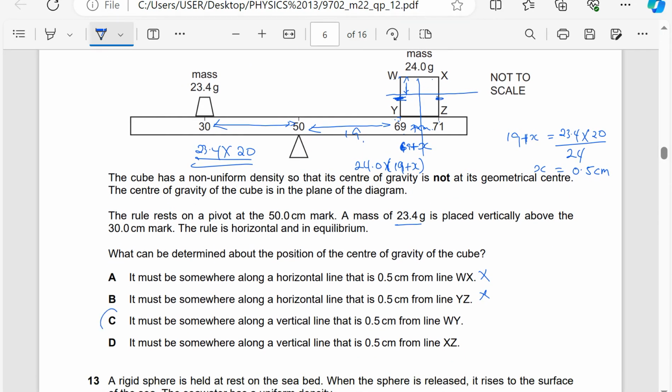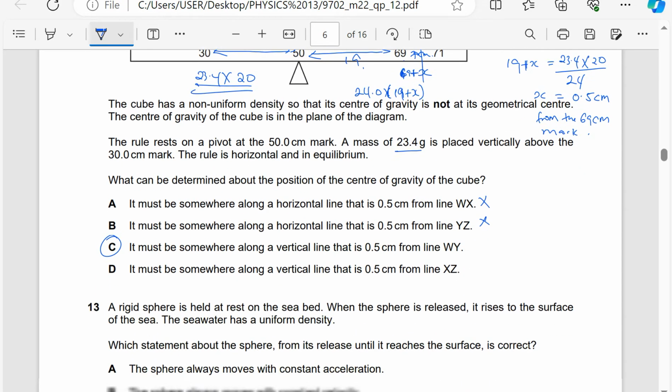So the answer is going to be C. X is 0.5 centimeters from the 69 centimeter mark. So which means the answer is going to be C.